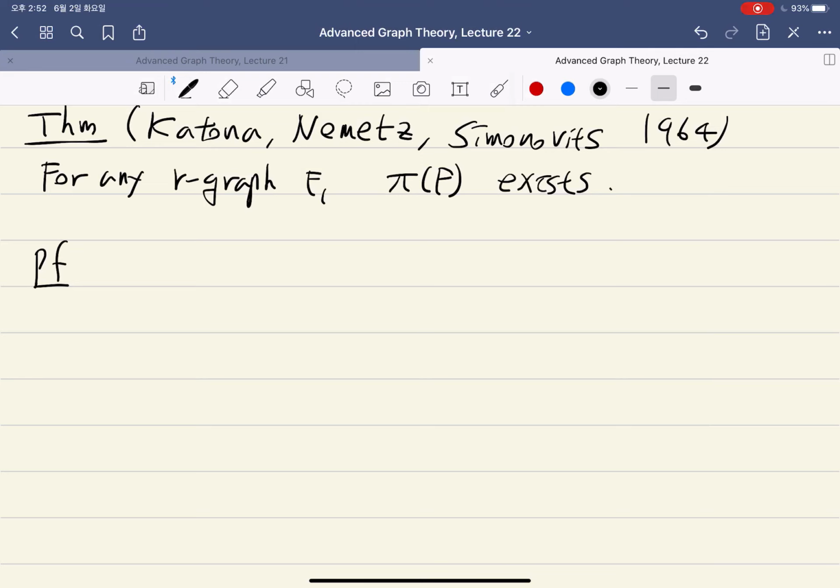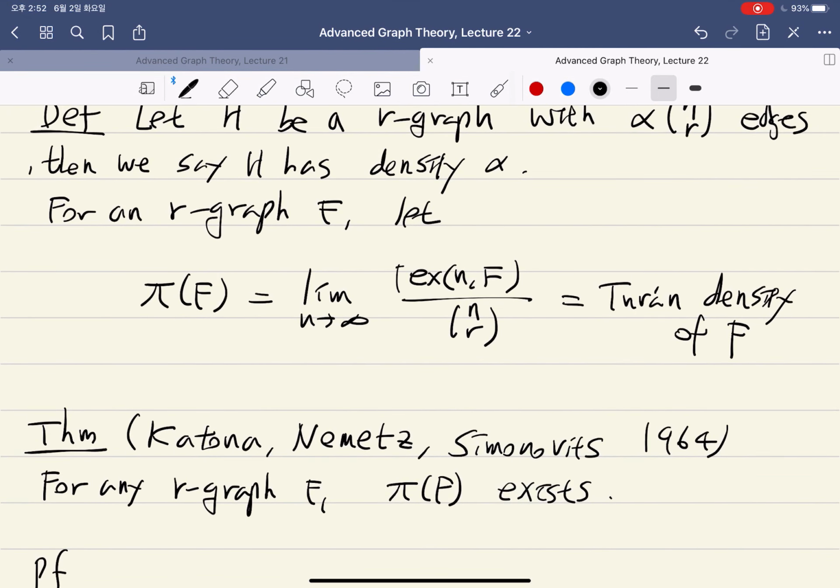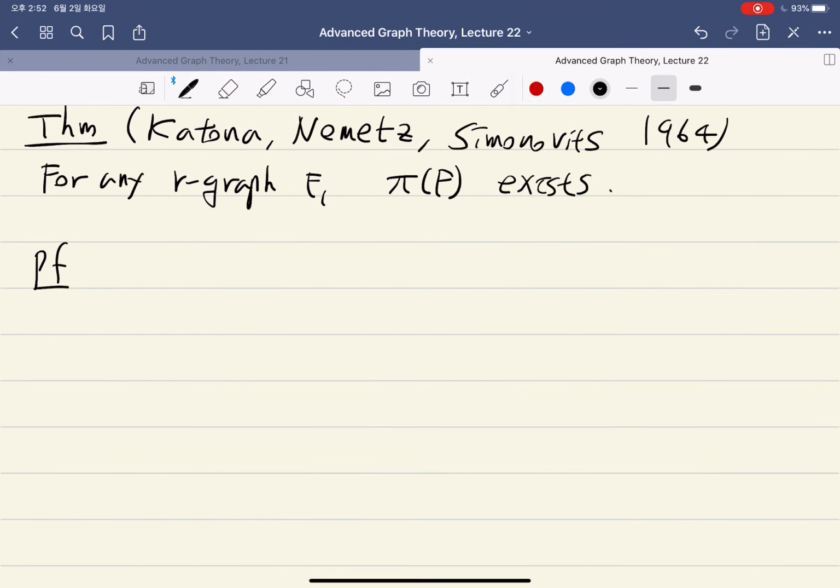So for that, we need to think about the relationship between the extremal function on n vertices and on n minus 1 vertices.